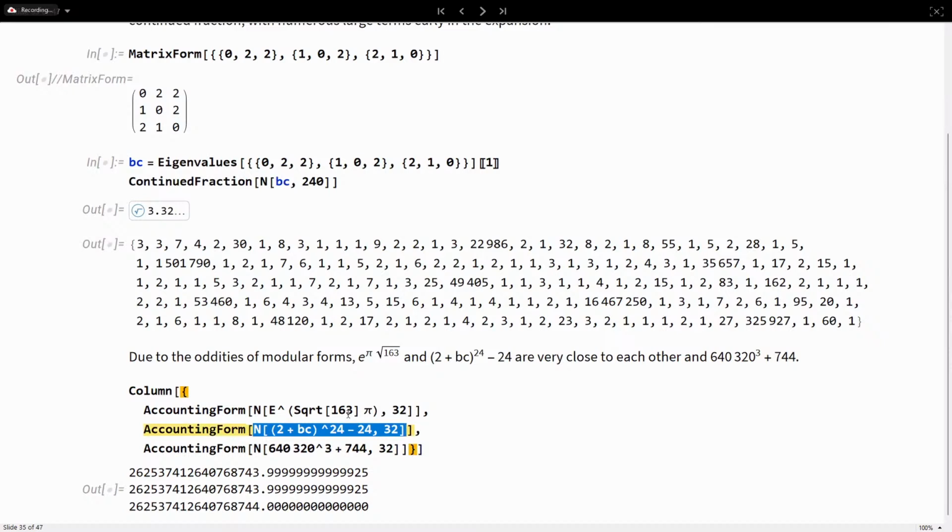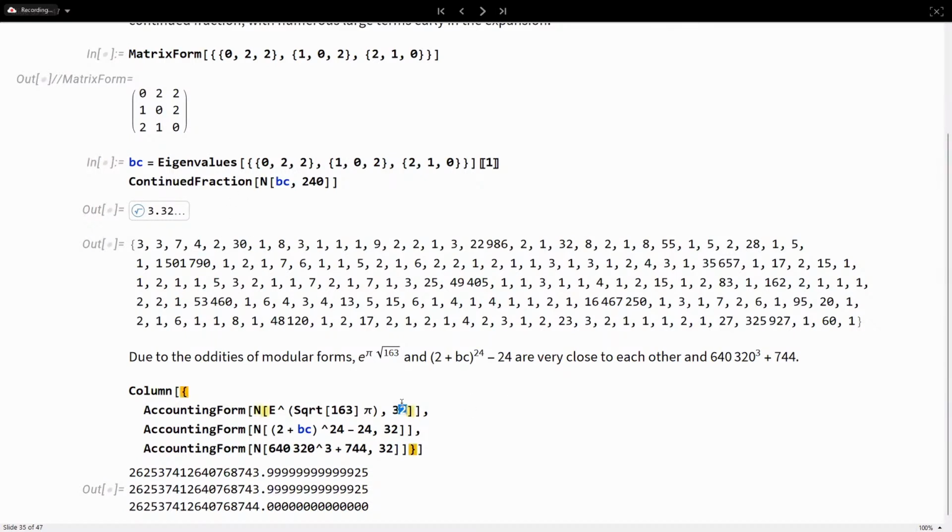But this cubic here, if you take the 24th power and subtract 24, it's seemingly equal to the Riemann number, which should be impossible since this is not an algebraic number. This number here is based on a simple polynomial.